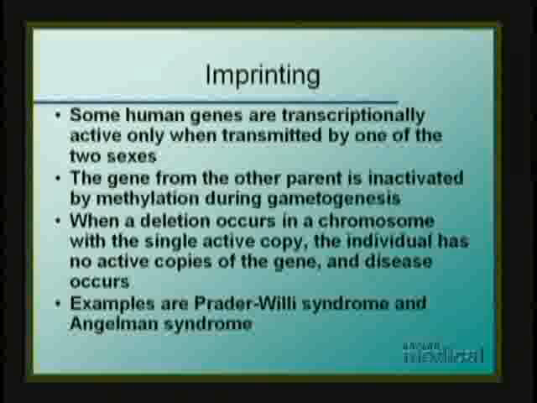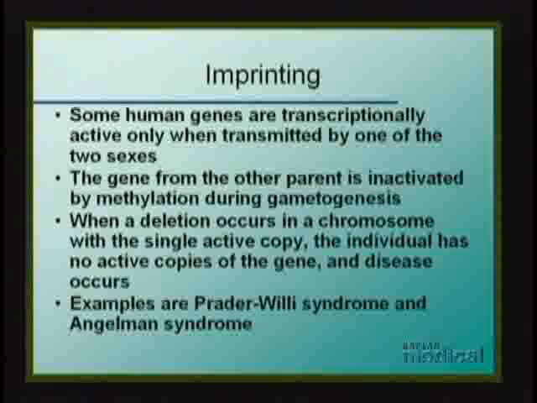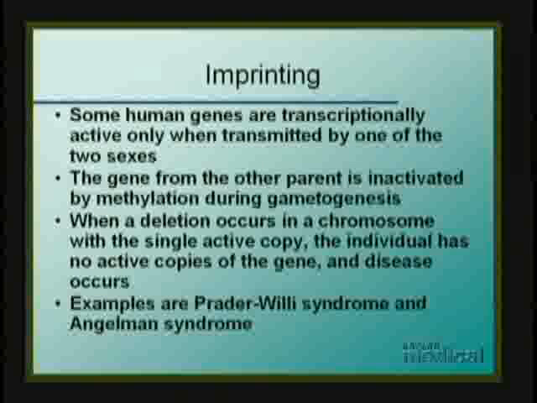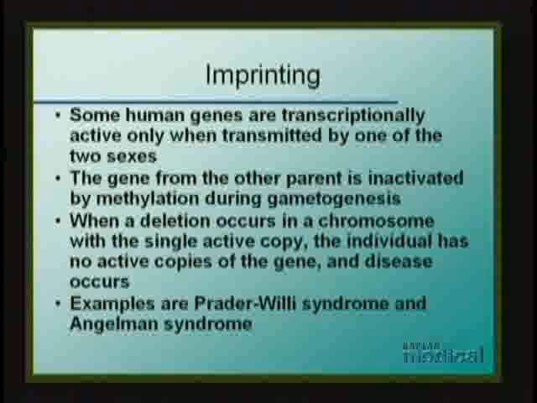However, a problem can develop if a deletion or other mutation occurs in the chromosome that comes from the parent that is supposed to give us the active copy of the gene. If a deletion or mutation occurs in the chromosome from that parent, then the child will have no active copies of that gene and a disease will result.